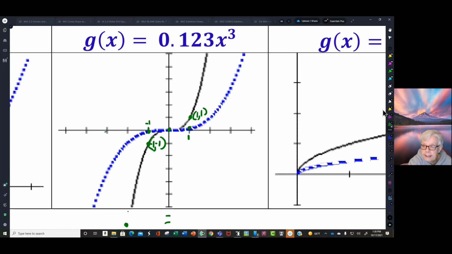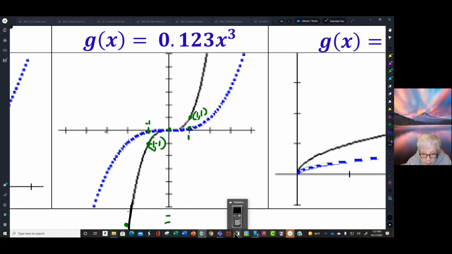I mean, you know, on the basic black graph right here. I really tried to not graph because it's never very good. But now negative 8 is being multiplied by 0.123. Now what is 0.123 multiplied by negative 8?